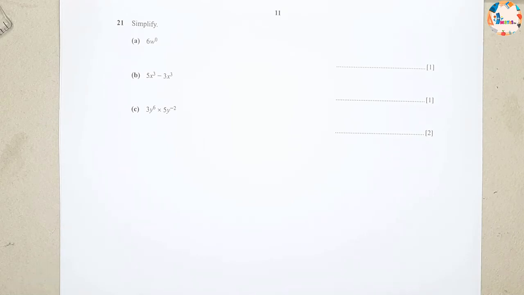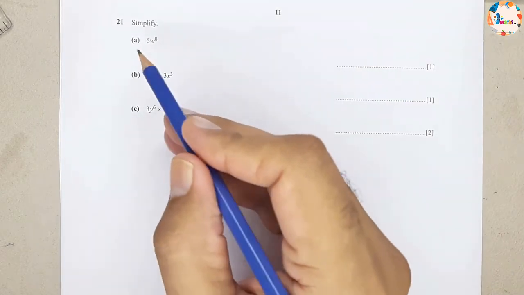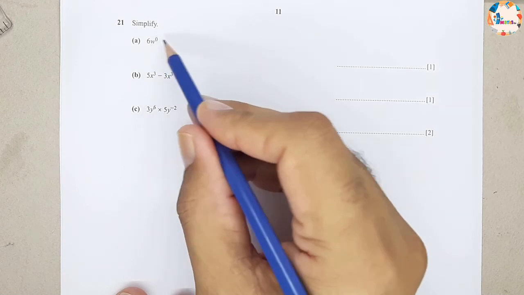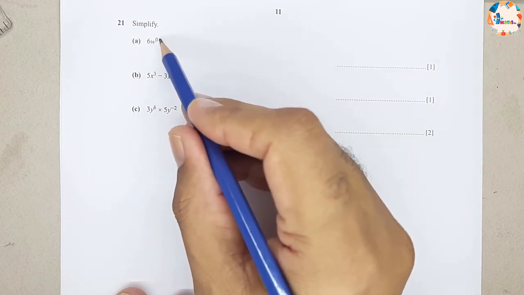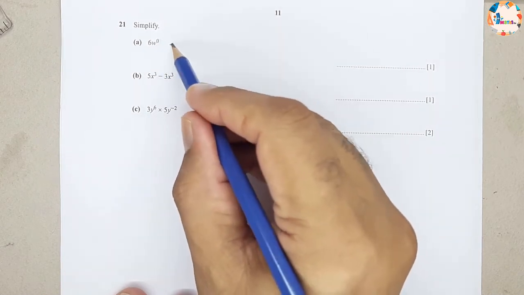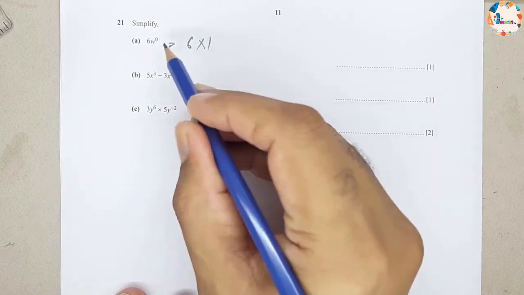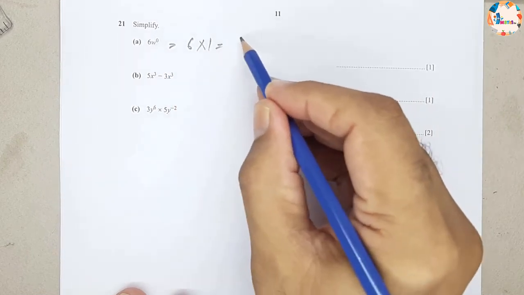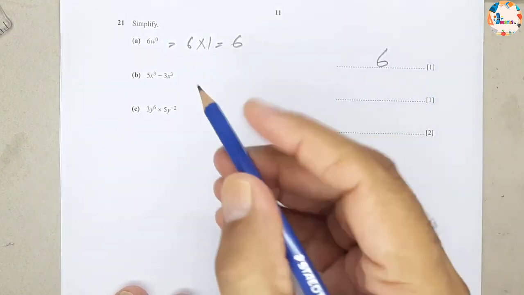Now question number 21, we have to simplify, and this will be 6w raised to the power 0. This raised to the power 0 is only for w, so we will write 6 into 1. W raised to the power 0 will be 1, so answer will be 6. We can write here 6.